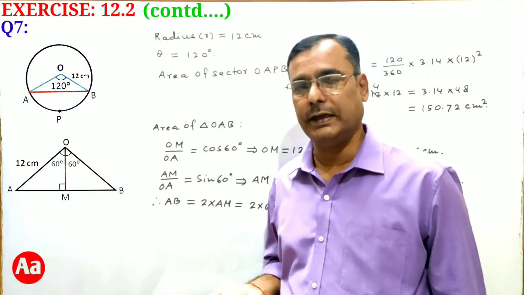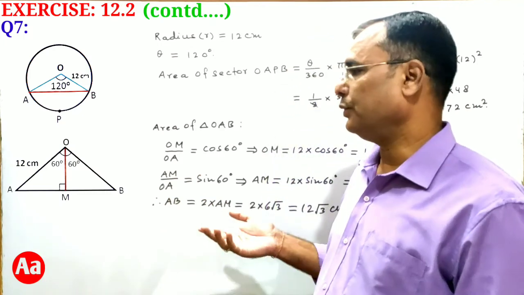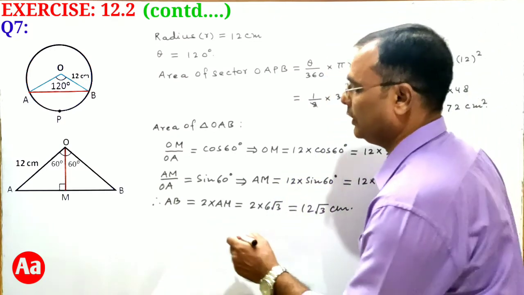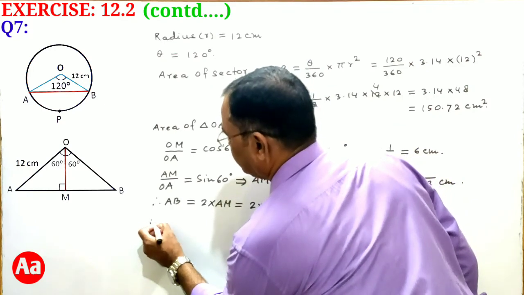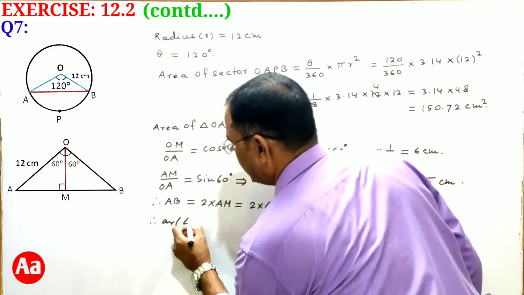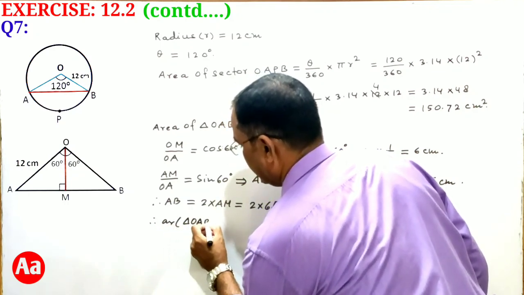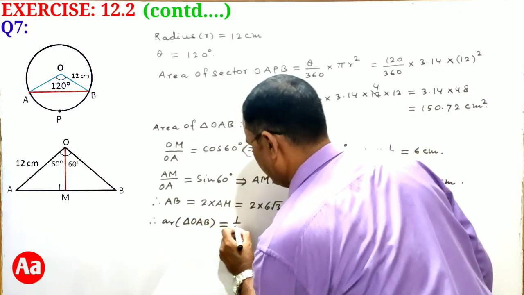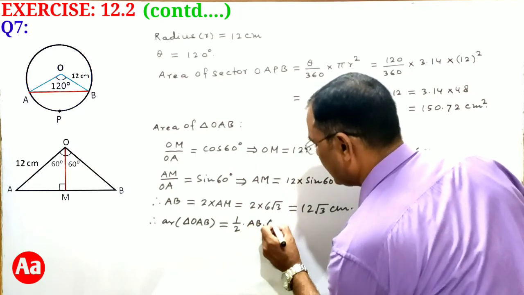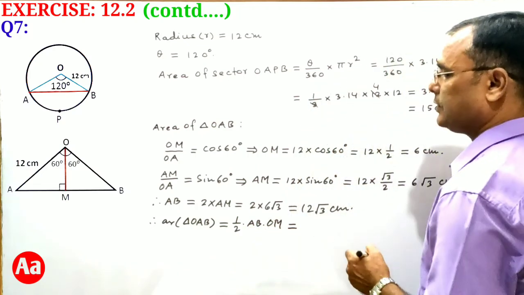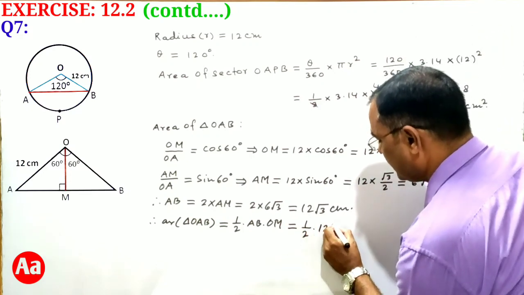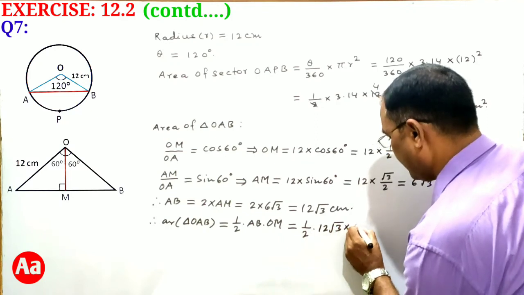So therefore we can find now the area of triangle OAB applying the half into base into height formula. So area of triangle OAB is equal to half into base AB into height OM, which is equal to half into 12 root 3 into 6.